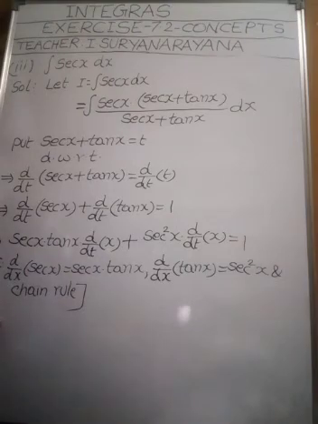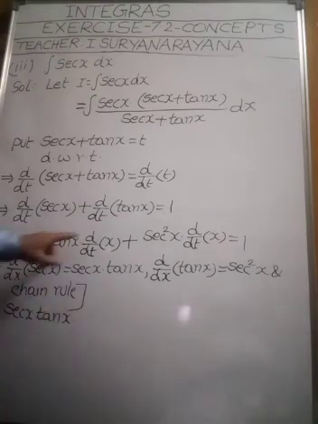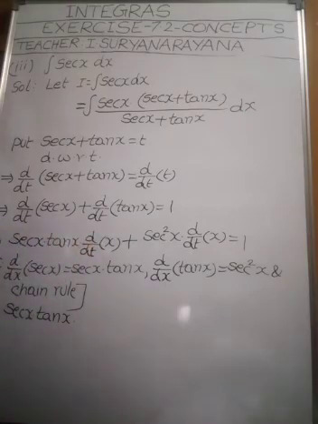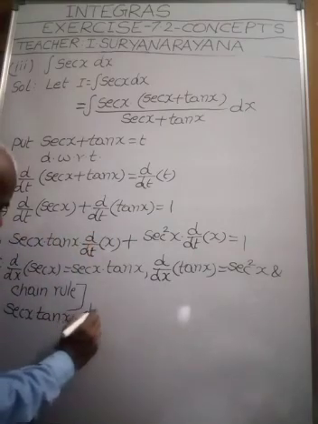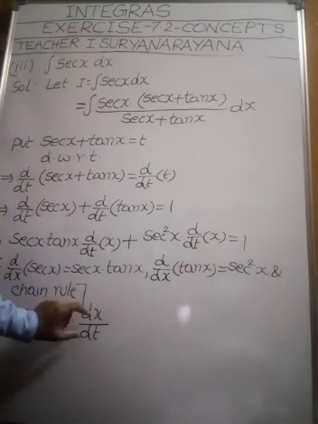This implies secant x tan x, what will you get? d by dt of x, dx by dt. Understood this part, my children? Right.